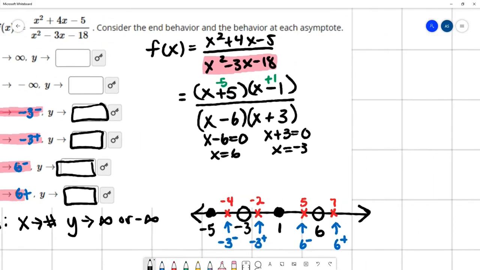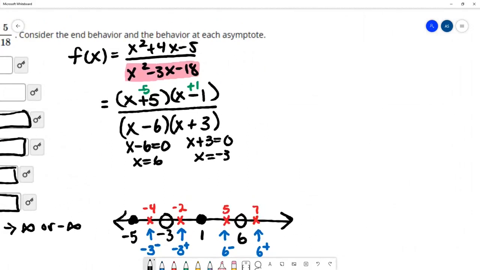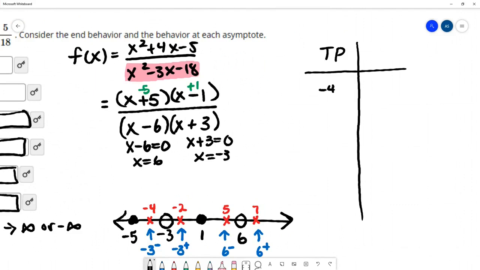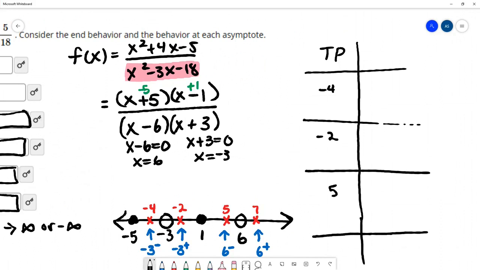So let's test each one of these. We've got our test points of negative 4, negative 2, 5, and 7. And we're substituting it into our function. Remember, all we care about here is whether it comes out positive or negative. So we have negative 4 plus 5. I'm substituting into the factored form.